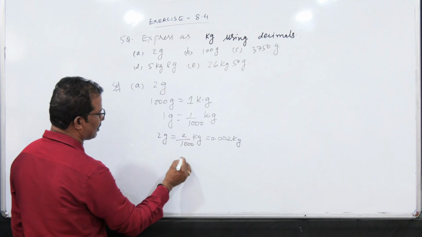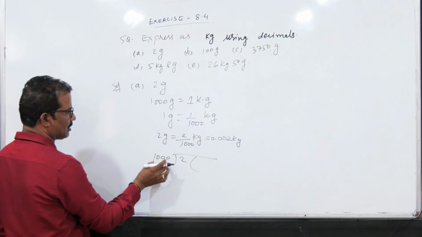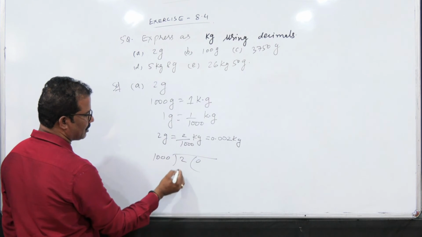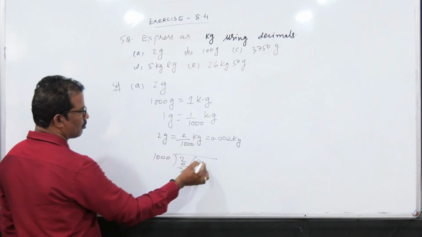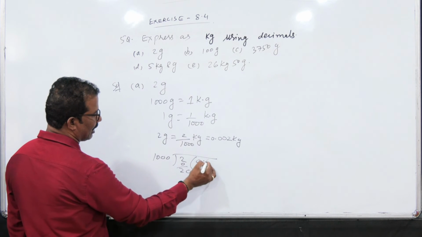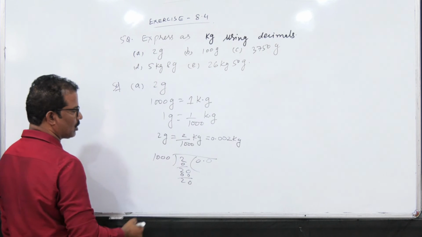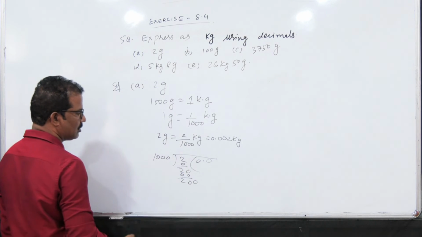How is it? You can see here, 2 divided by 1000. It is smaller, so we go by 0 times. Again 2, put a point here, and here 0. Again it is smaller than 1000, again 2 by 0 times. 20 only for this point. One more 0 we can add here.